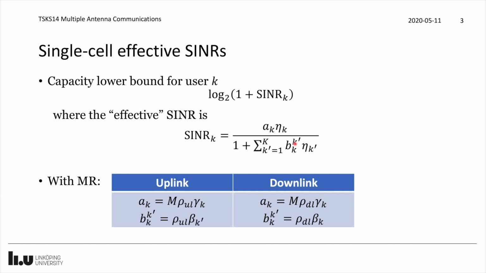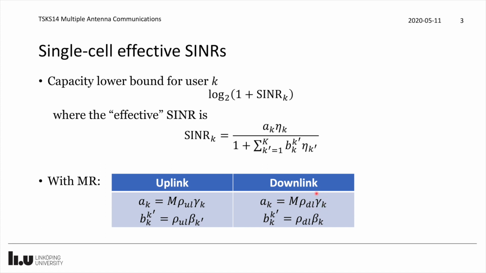When we derived the capacity lower bound for user k in the downlink, we get the same type of expression. It's just that a k and b k k prime are different. So in the downlink, with maximum ratio, we get a k, which is also equal to M, the number of antennas, times rho downlink, the transmit power in the downlink, and then gamma k, which is still the estimation quality.